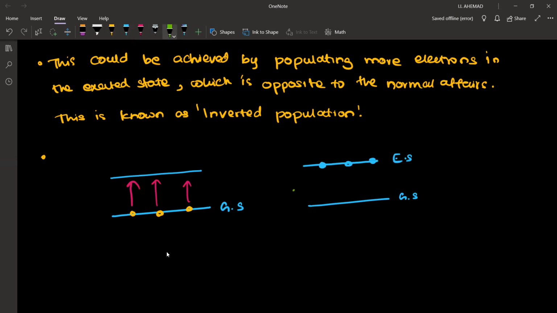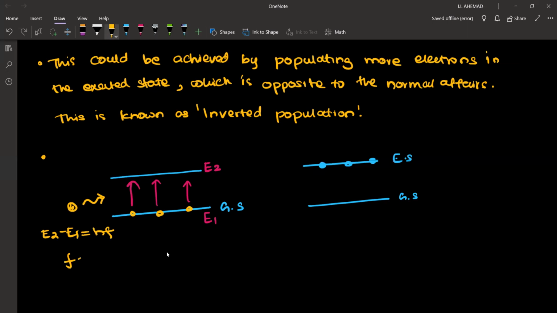So what I do is shine light, or I radiate. Now let's say this has energy E2, this one has energy E1. Then I use light, so the energy of that photon will be E2 minus E1. But we know this is equal to hf.